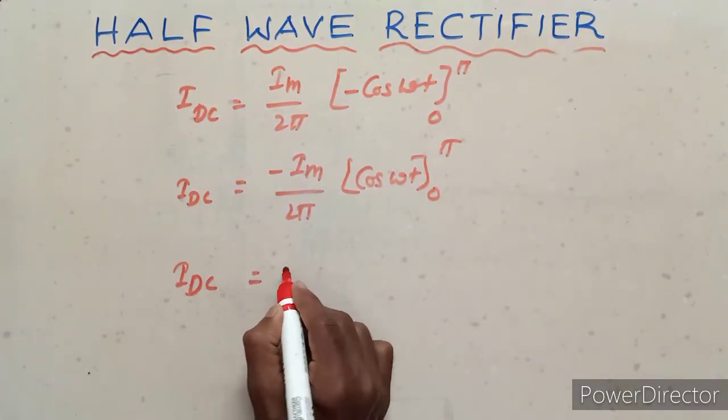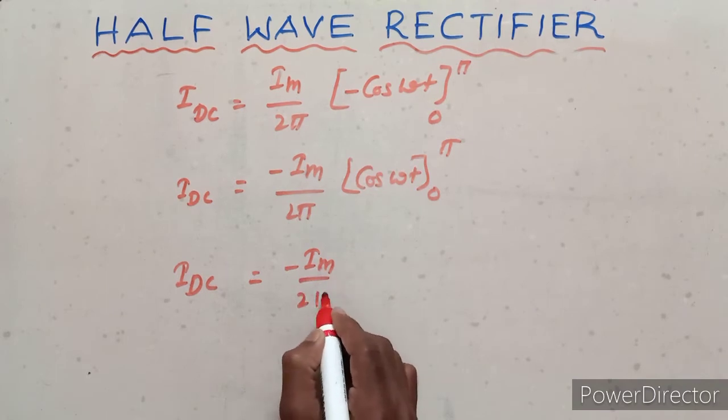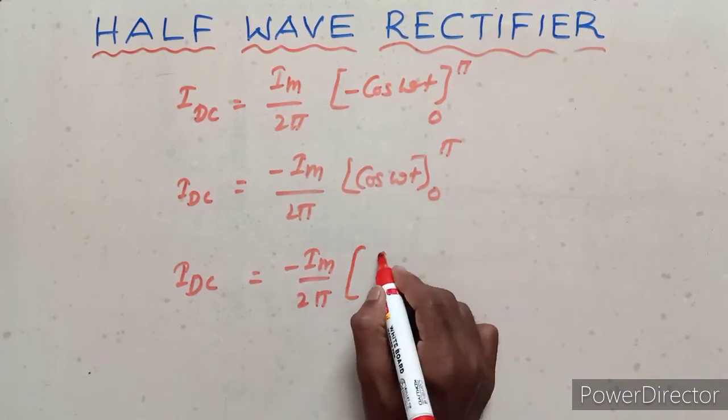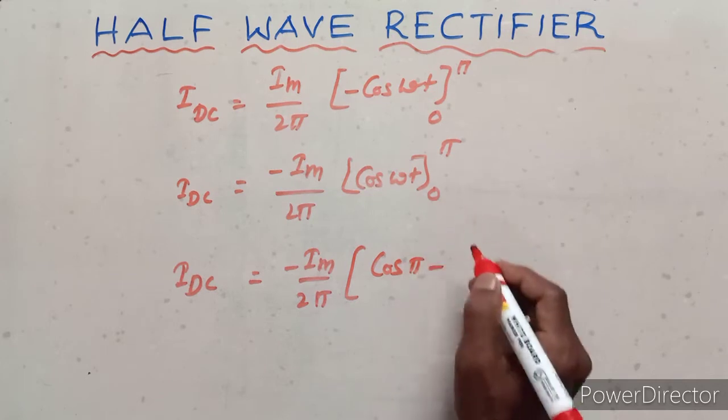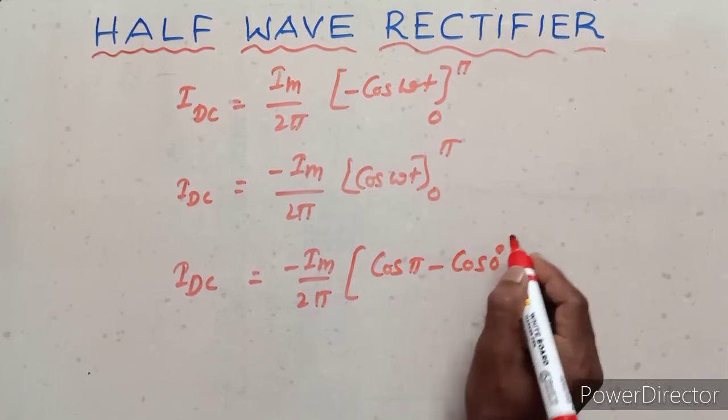So the DC current equals minus Im upon 2 pi times cos pi minus cos 0 degrees.